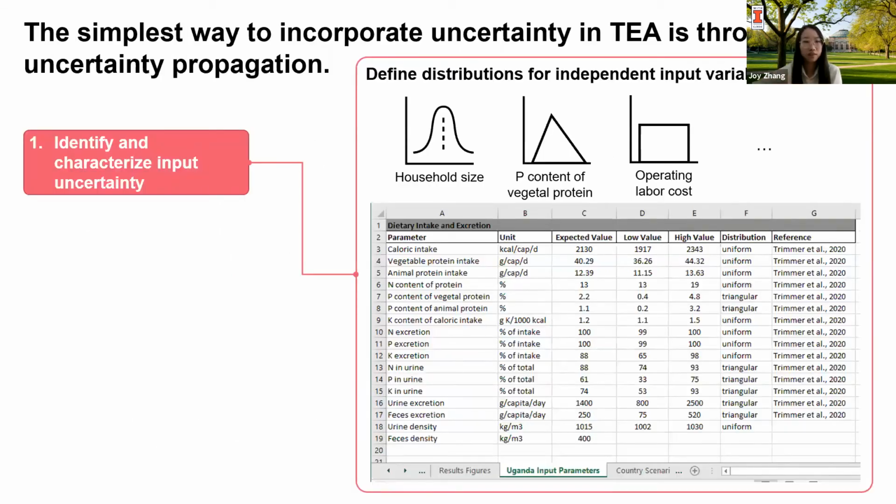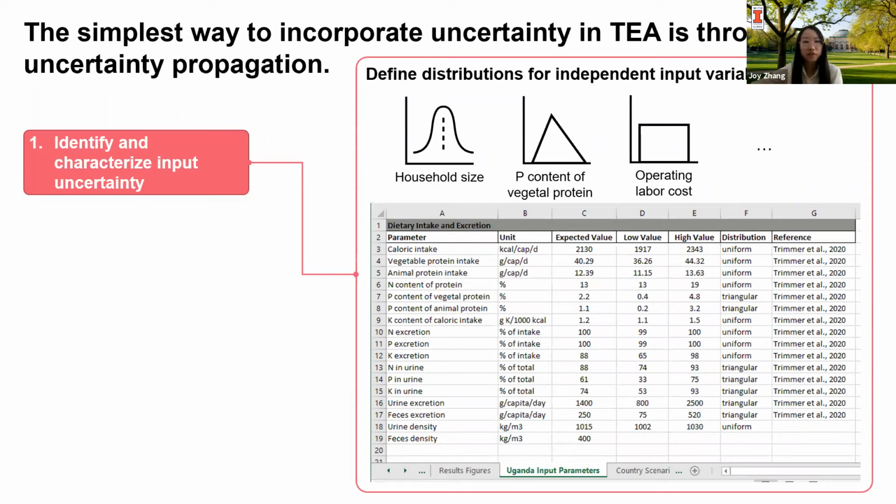The simplest way to incorporate uncertainty analysis in TEA is what we call uncertainty propagation, or sometimes referred to as the Monte Carlo method. To do that, there are 4 steps. First, we need to identify a list of parameters or variables that are considered uncertain, and we will need to collect data and define a probability distribution for each independent parameter on the list.